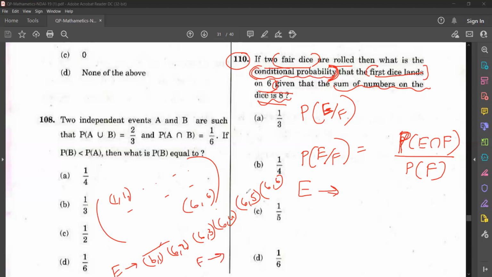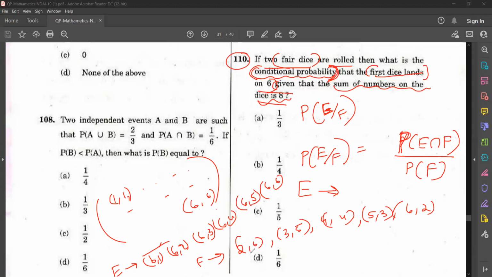Then F is the event that the sum of the numbers on the dice is 8. What are those possibilities? Sum 8 means the possibilities are 2,6, 3,5, 4,4, 5,3, 6,2.